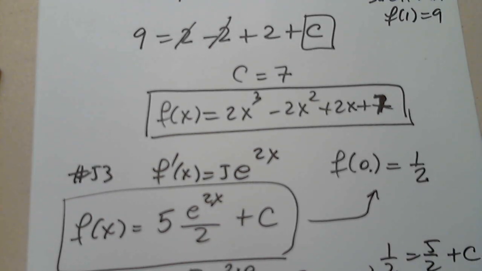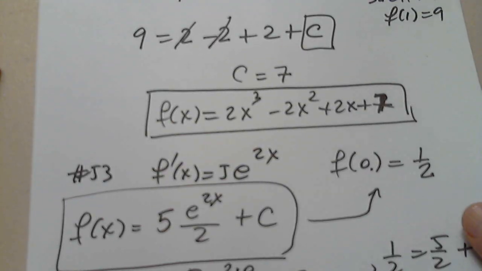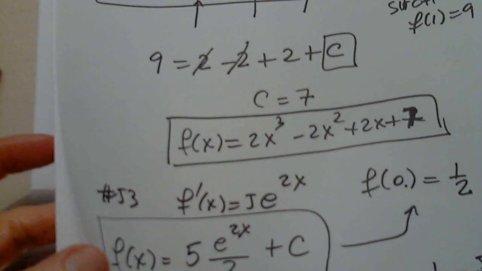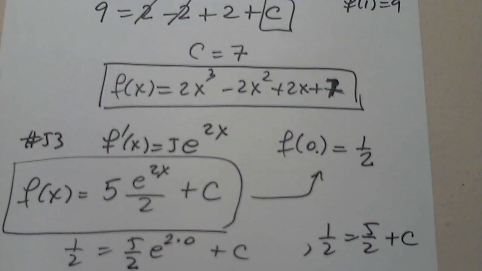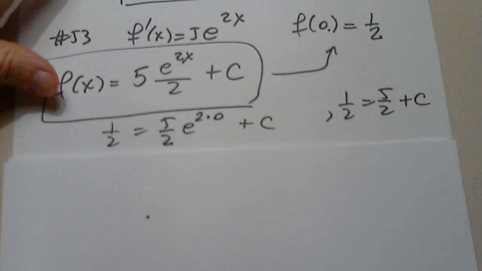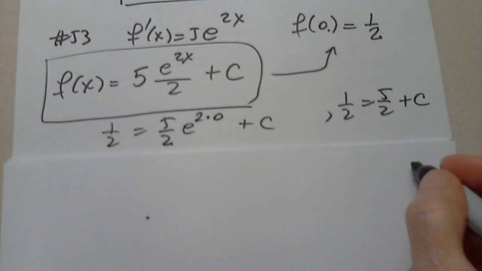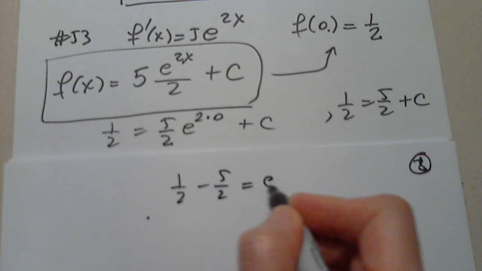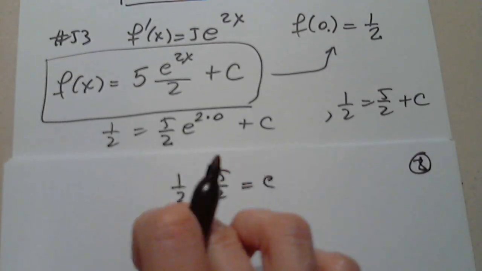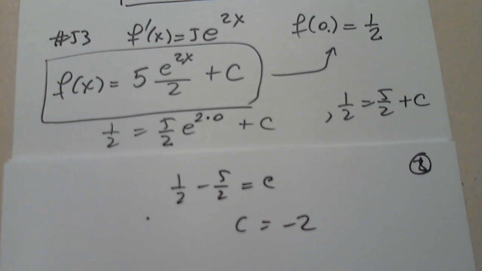Can anyone give us c from this equation? One half equals 5/2 plus c, therefore c equals -2. So 1/2 minus 5/2 equals c, so c equals -4 over 2, which is -2. Very good.